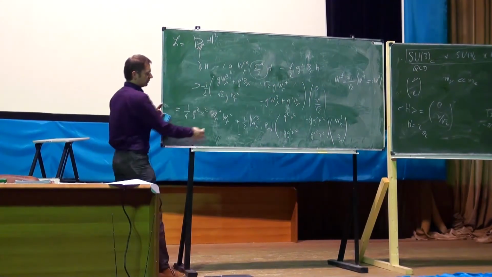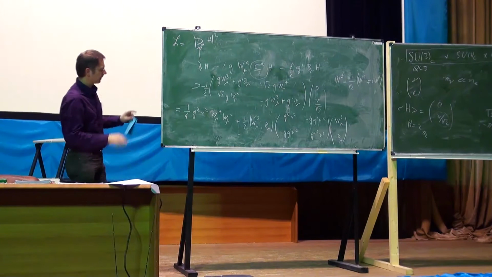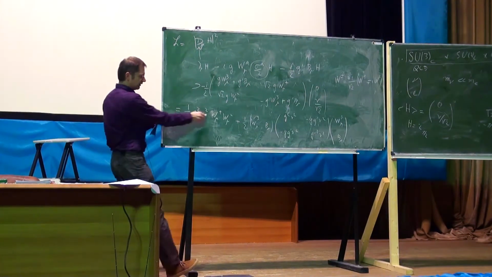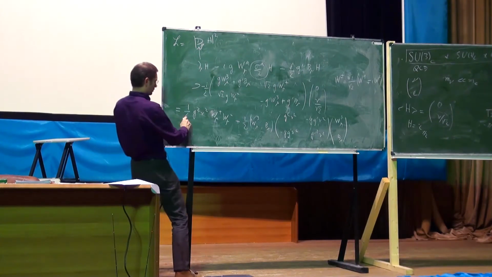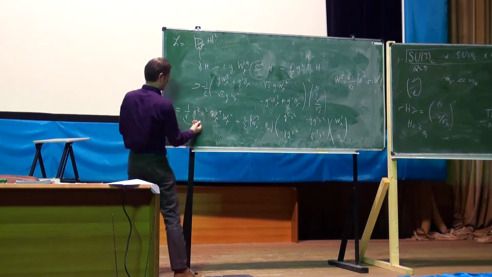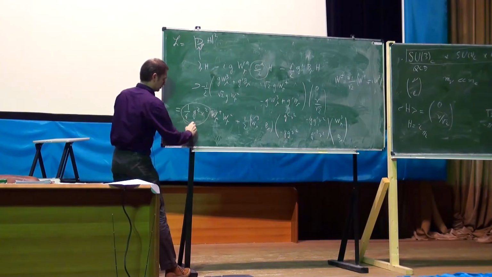So you have one piece which is already diagonalized. If you want, this is simply the mass term for the charged W. So this is simply M_W squared.